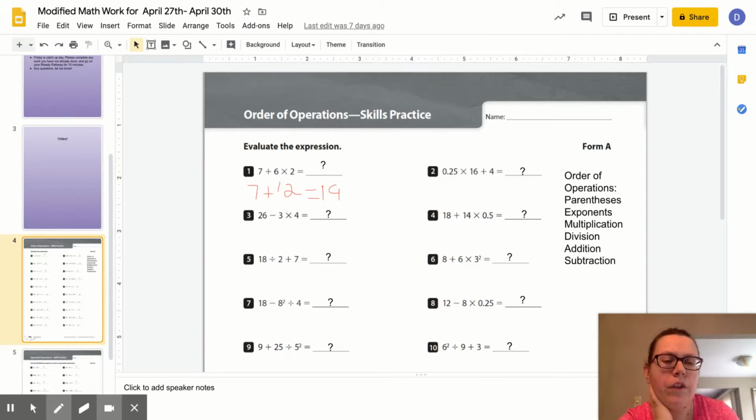Now, some of you may be thinking, Mrs. Agent, why didn't you just do 7 plus 6 and then multiply that by 2? Now, the reason why I did not do that is because if I did 7 plus 6 first, that would give me 13.